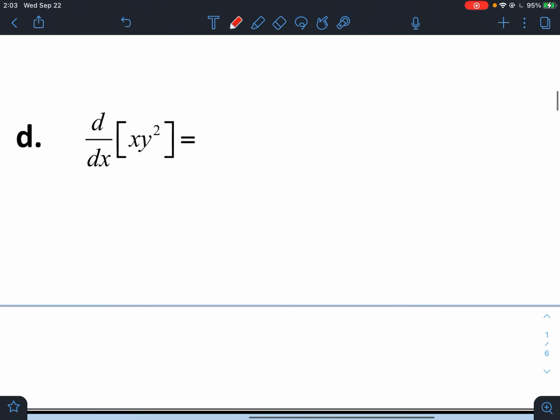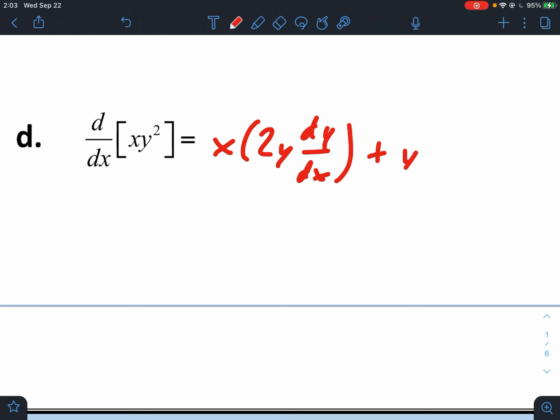And here we have our last one on this slide, x y squared. x times y squared is going to give us a product, so this is going to be a product rule problem. The product rule, remember, is the first function times the derivative of the second function, so the derivative of y squared would be 2y dy dx, plus the second function times the derivative of the first function, the derivative of x, which is 1.